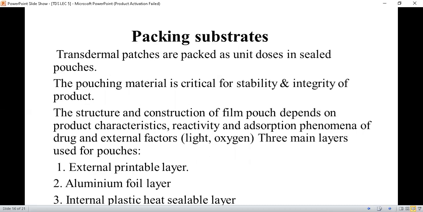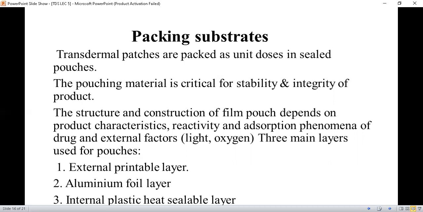Now, what are the packing substrates used for transdermal systems? Transdermal patches are packed as a unit dose in sealed pouches. The pouching material is critical for the stability and integrity of the product. The structure and construction of the film pouch depends on product characteristics, reactivity, and adsorption phenomena of the drug, and external factors like light and oxygen.